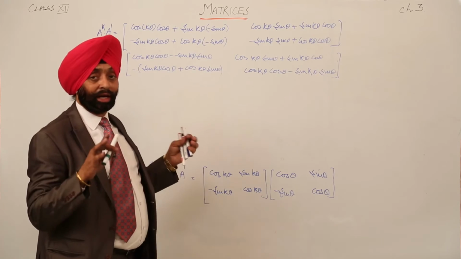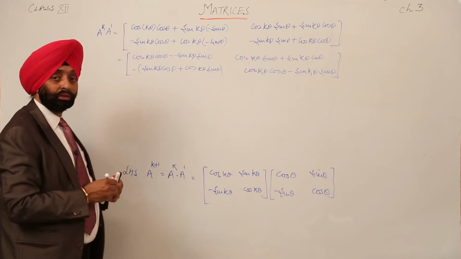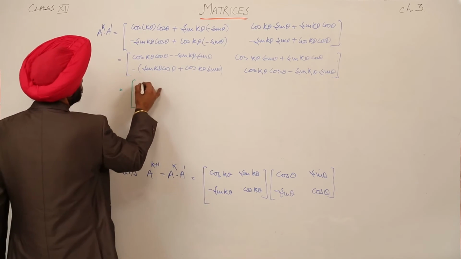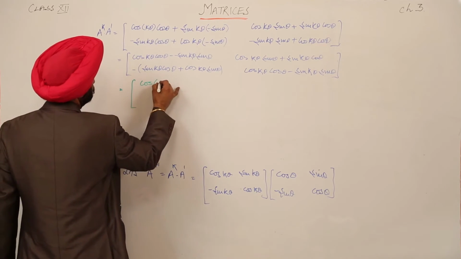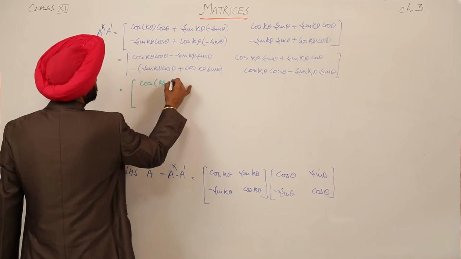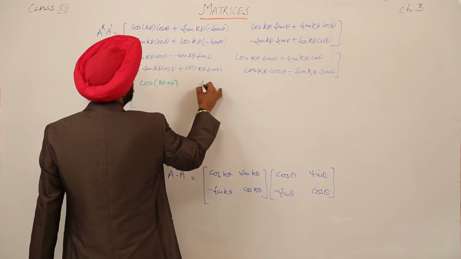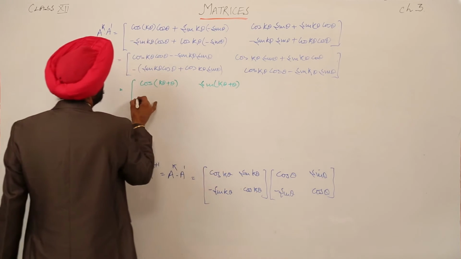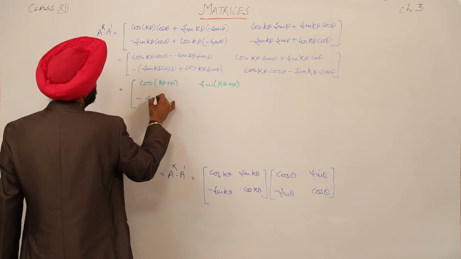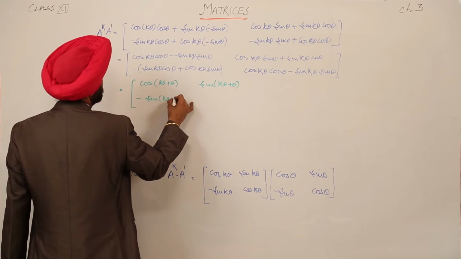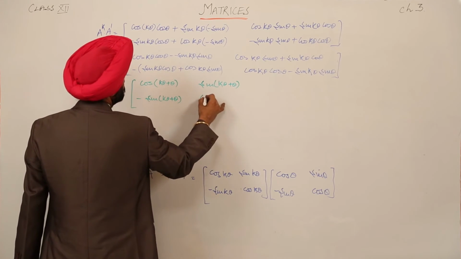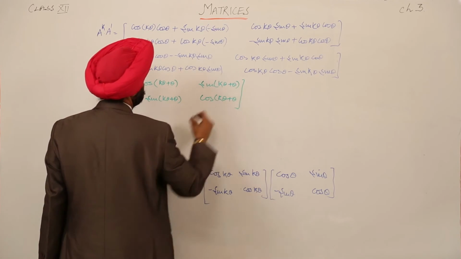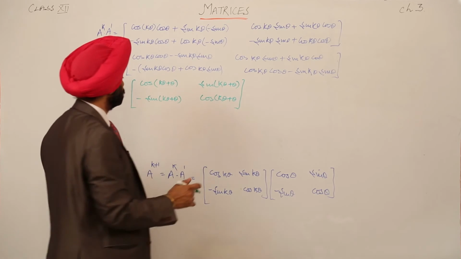So these become the identities used in class 11th in the trigonometry. Now this becomes cos of k theta plus theta, sin of k theta plus theta, minus sin of k theta plus theta and cos of k theta plus theta, using the formulas. Okay.